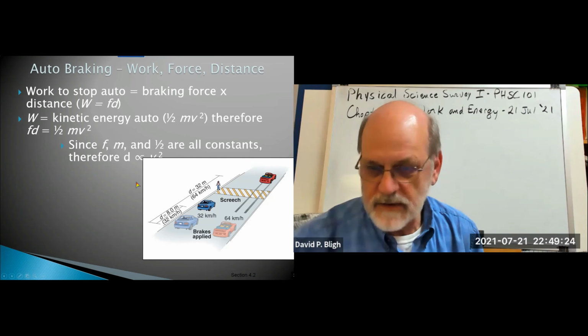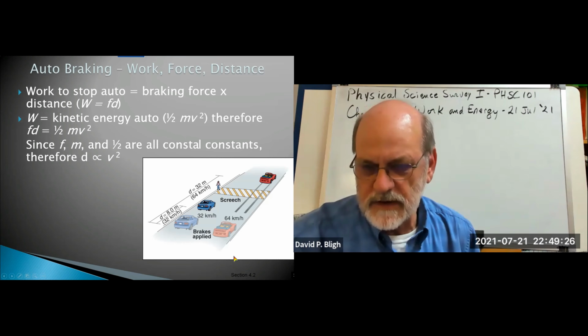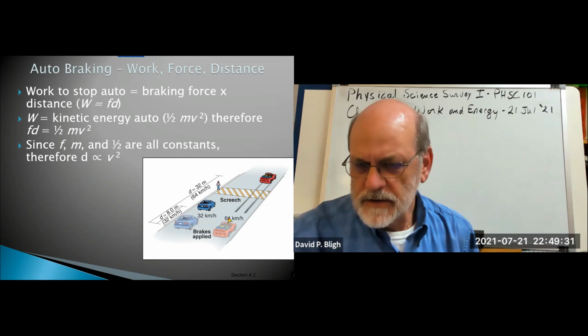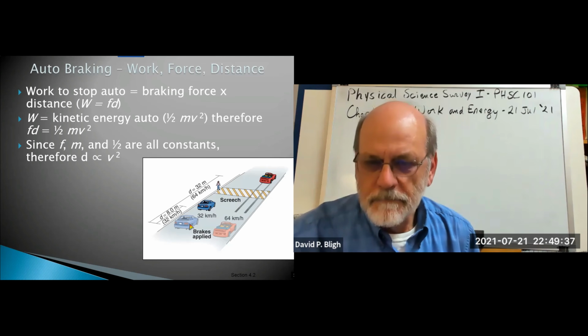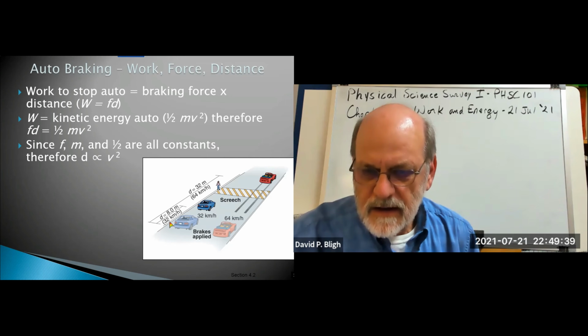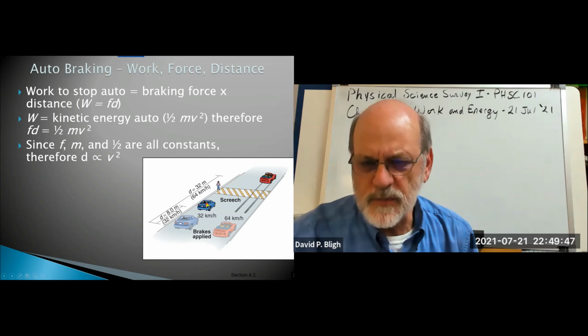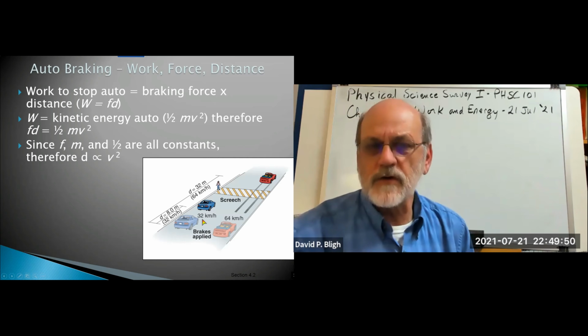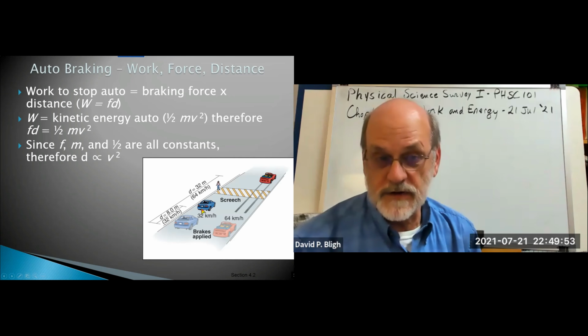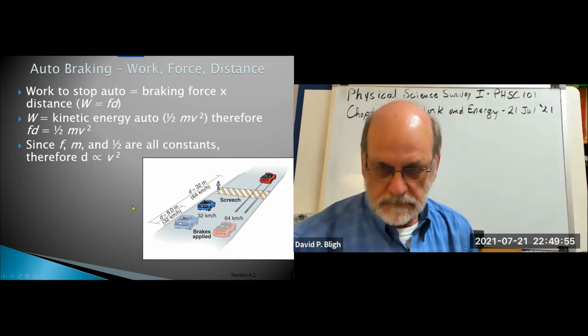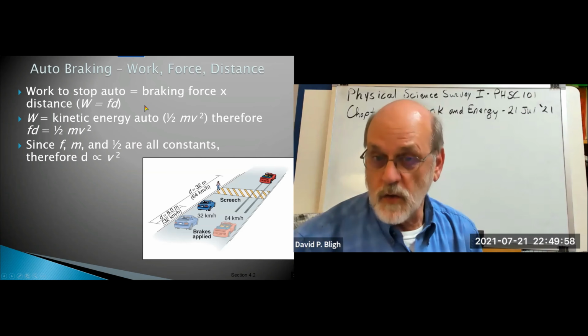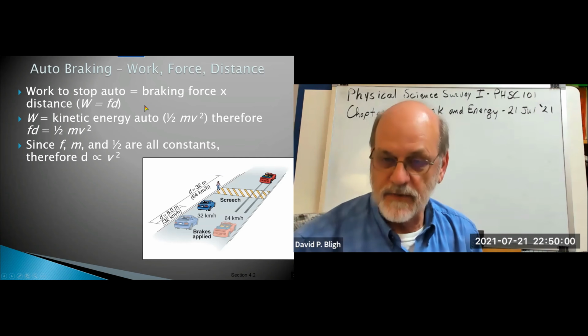We're given in the picture two examples actually. 64 kilometers per hour to 0, or 32 kilometers an hour to 64 kilometers per hour. So there are two examples here. We have to decide which one the problem is asking for. The kinetic energy of the automobile, of course, is obvious: 1/2 mass times velocity squared.